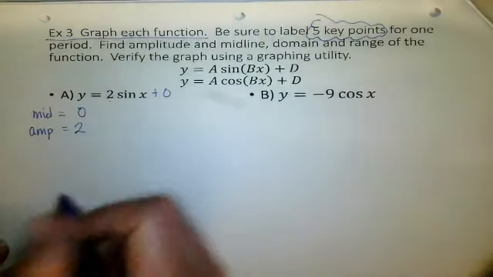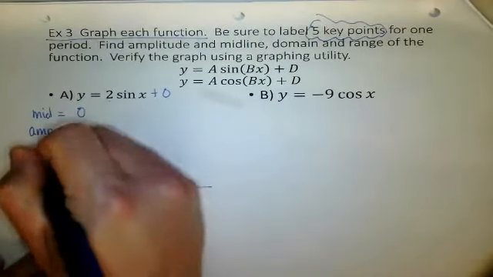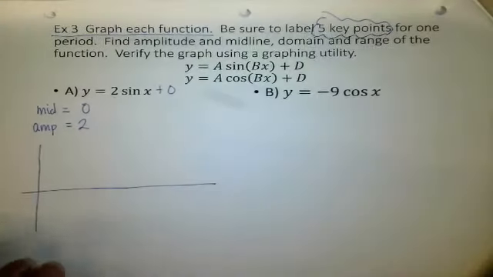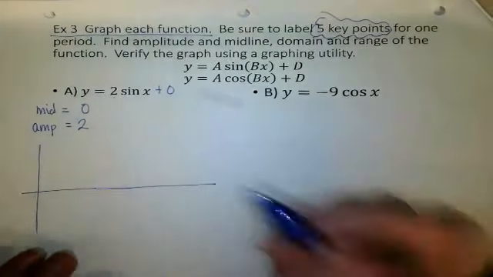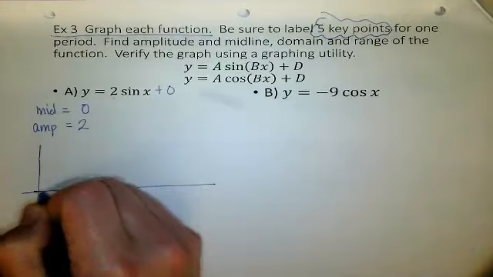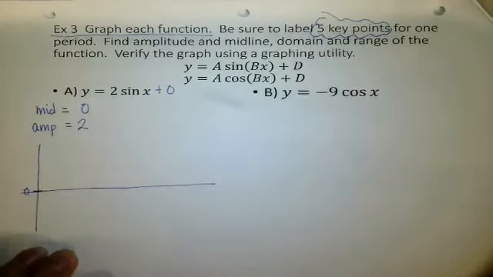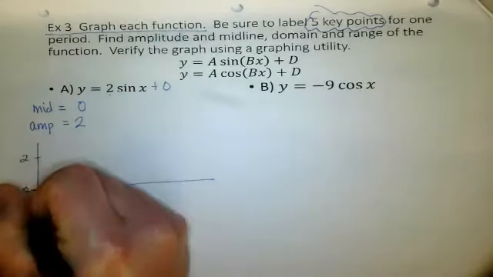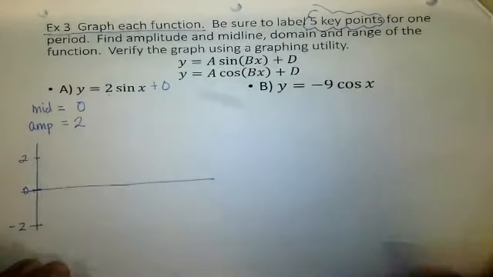So what I'm going to do is draw, in this case, just the x-axis, where we're at 0. And if the amplitude is 2, this is our midline here at 0. What's our highest value going to be? 2. What's our lowest value going to be? -2. Yes, good.